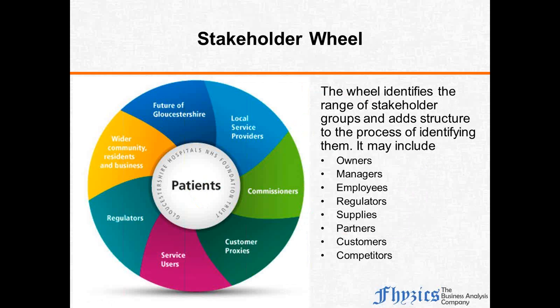It is helping us to identify the stakeholders and organize them so that we will not miss out any of the stakeholders. Missing a stakeholder is the biggest risk a business analyst can introduce into a business analysis project. And the later a stakeholder is identified, the costlier it becomes, right?